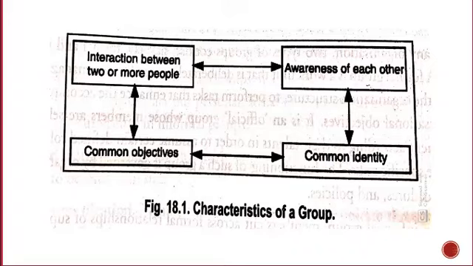Is it clear? Common identity and other characteristics. By common identity, we mean that the individual identities of the members of a group do not have much impact. Now the entire group creates a kind of identity. Generally it happens in your classes as well, that there is a group doing some kind of government exam preparation.